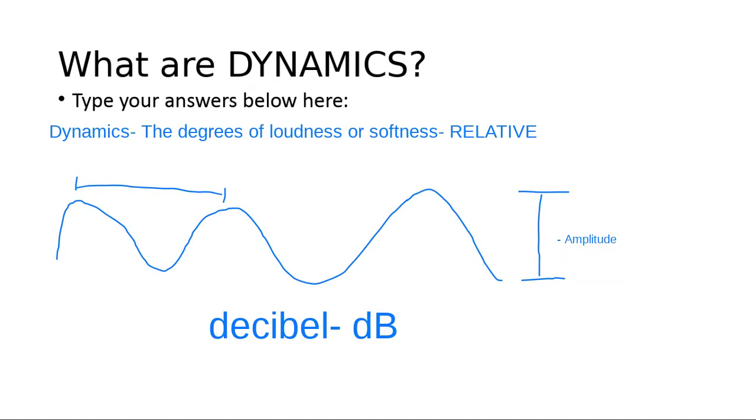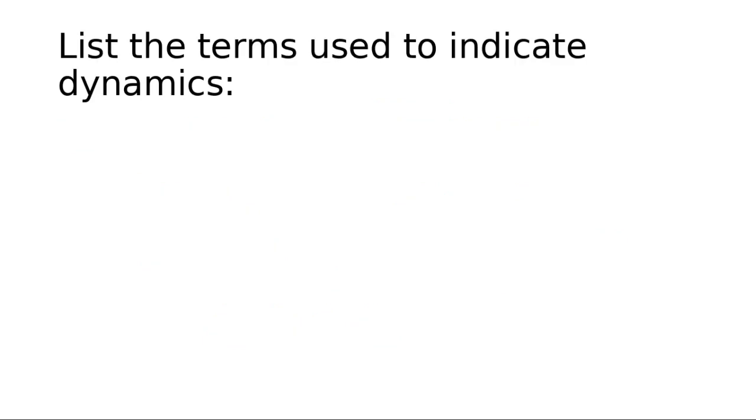Okay, so in dynamics, we use some Italian words as the terms for dynamics. So what are some of those terms? You can type them into the chat box there, or onto the document. What are some of the terms we use for dynamics? Pretty sure there's a chart of them in the textbook.